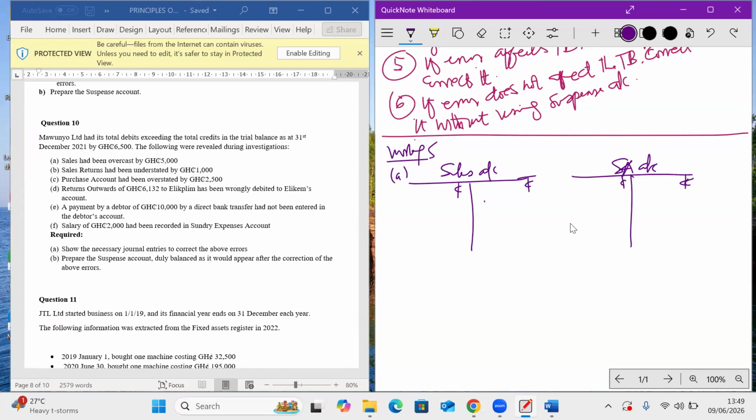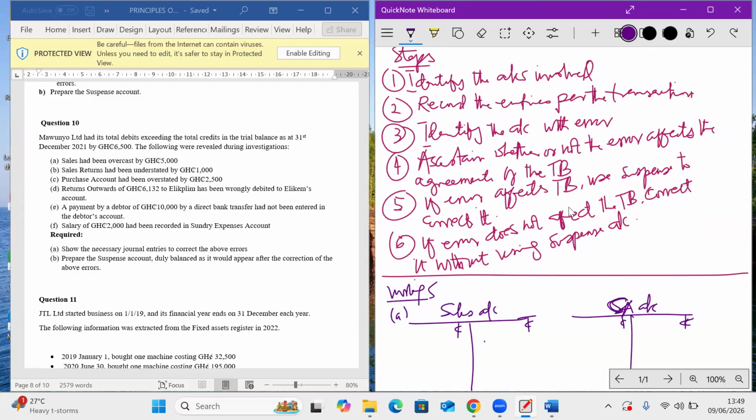Mostly you should have 2 or 3 accounts, so I can complete a double entry. Though they mention sales, let me add a customer, because sales will go with a customer. Do you all get it? Yes. Because the business will sell to a customer. So let's say customer A. So let's continue. After identifying the account, what do we do?